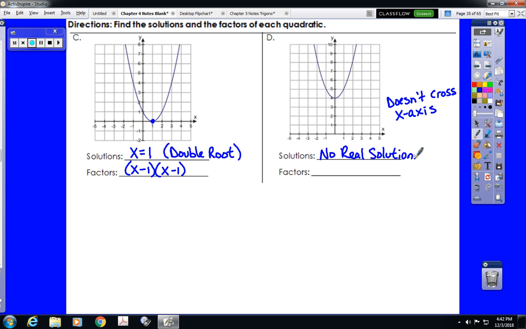They're just complex numbers. So we will come back to that later in the year to discuss it. And the factors, we would then say that it would have no real factors as well. Because the factors of that function would be imaginary. They'd be numbers involving i, the square root of -1.